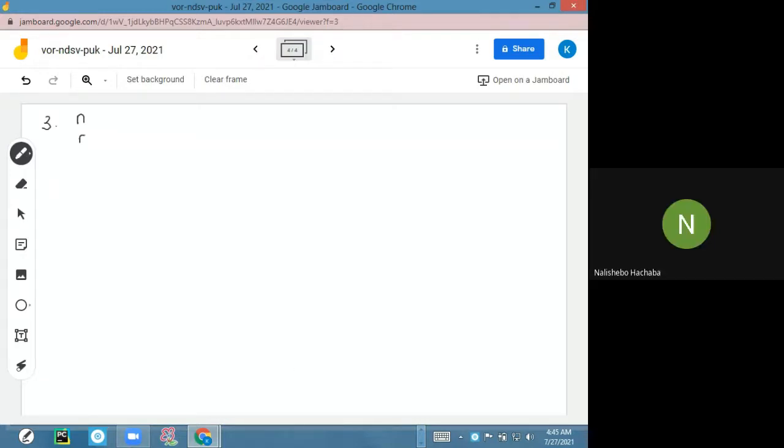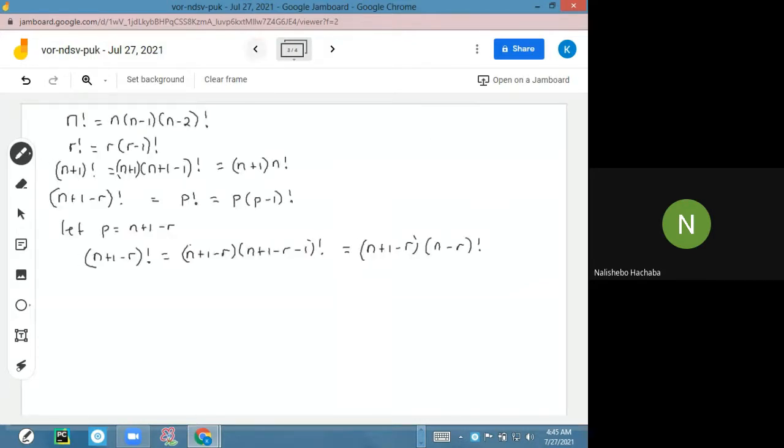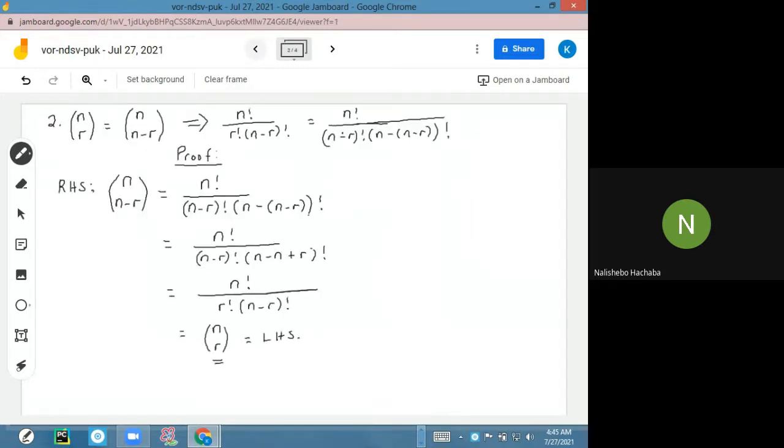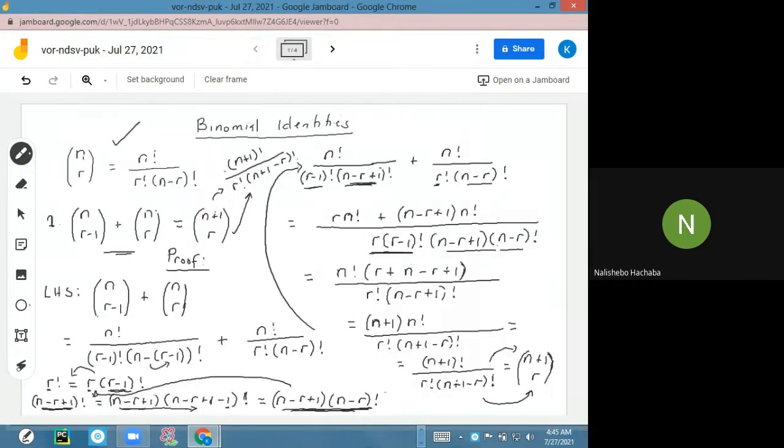Sir, can you go back on the previous board? Okay. Just a bit. On the first one, is that a 2 on n factorial? No, the other one. Not the first one, the third one.